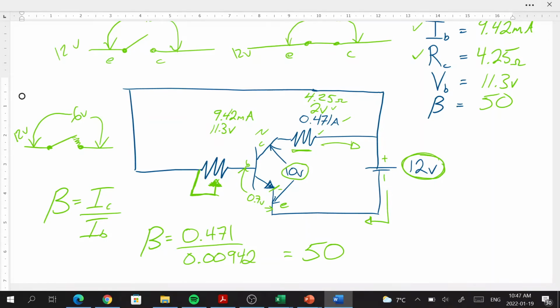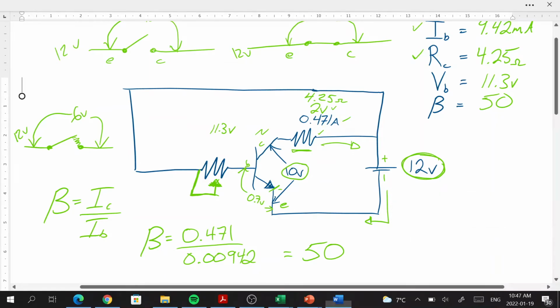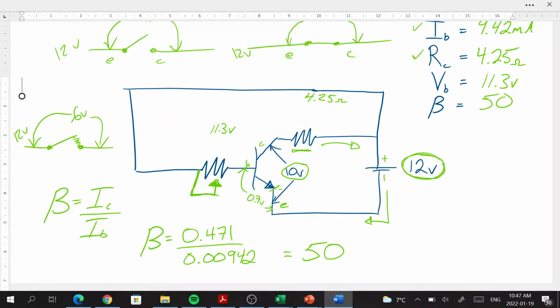So this resistance is going to be different. Our voltage across this resistor is going to be the same because it's dictated by this 0.7 volts. But because the resistance is going to be different, the amps could be different. And this voltage is going to be different here. Our resistance is going to be the same. We'll clean this up a little bit here. This voltage drop is going to be different.